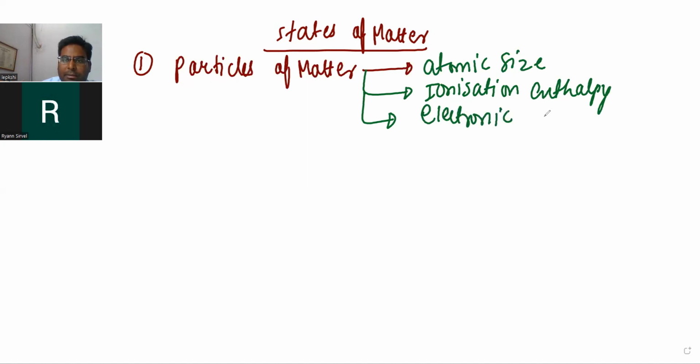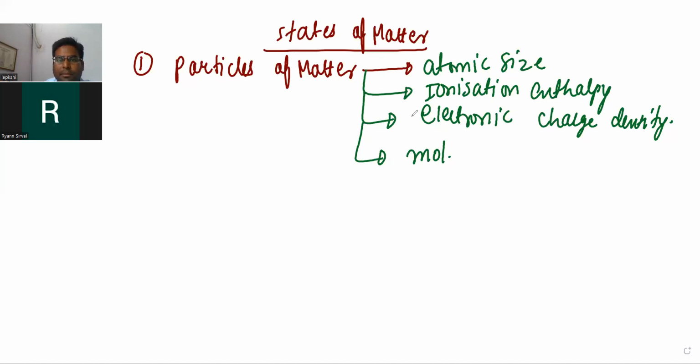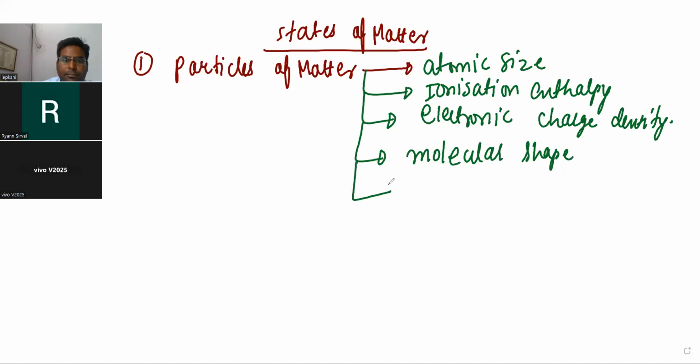Next one is molecular shape. Right. Next is polarity. So I will explain one by one.